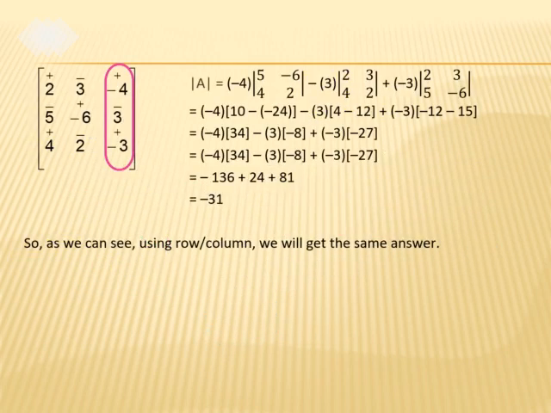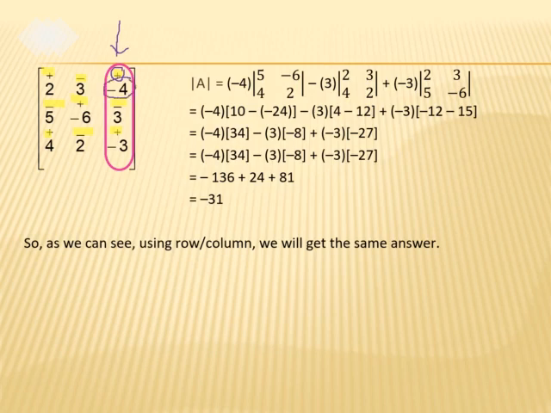Now we find determinant by using column. So first we put in the sign of cofactor, plus minus up there, and then we write down the solution. So for this column, so plus -4.